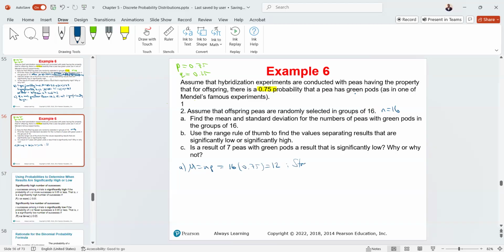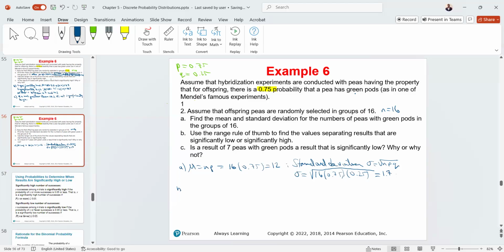The standard deviation, remember, is the square root of NPQ. So sigma would be the square root of 16 times 0.75 times 0.25. Remember to take the square root of it. If you don't take the square root, then it will be just the variance. So the standard deviation is 1.7.